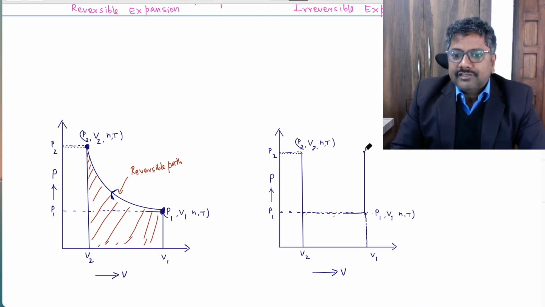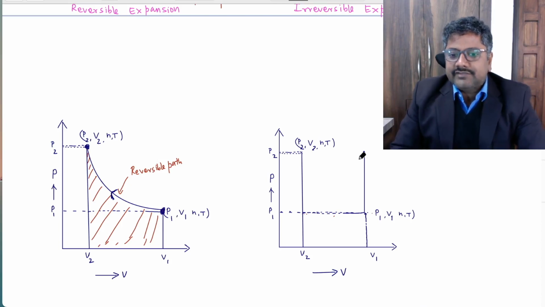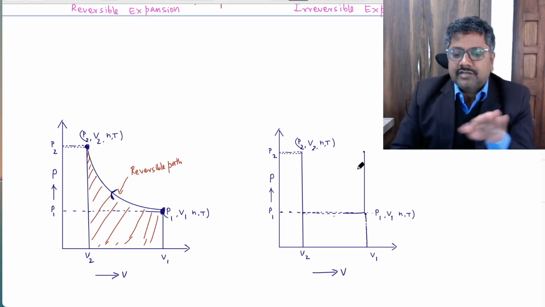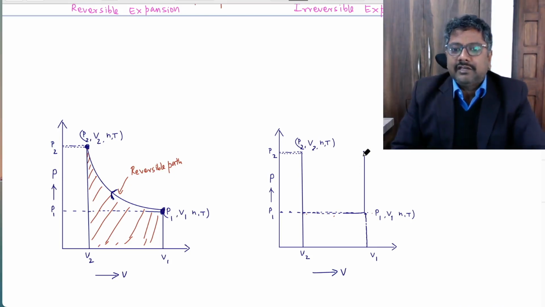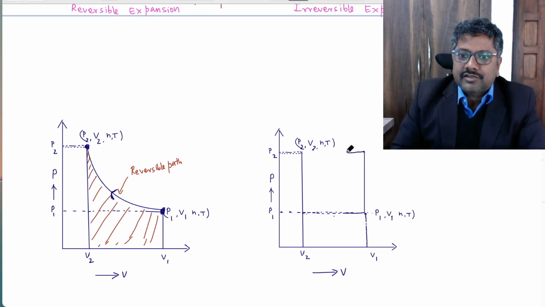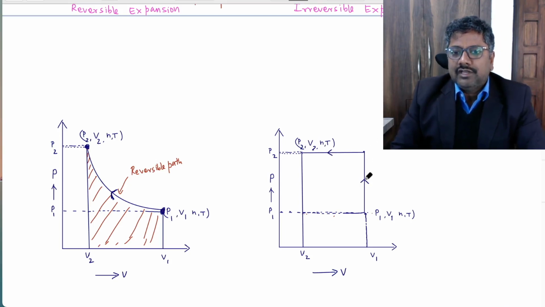So after fixing the piston, the gas will homogenize in the whole system, and it attains equilibrium inside the system and with the external features. So now the path is like this. Now this will compress. So this is the isobaric compression, and this is the isochoric increase of pressure, right?